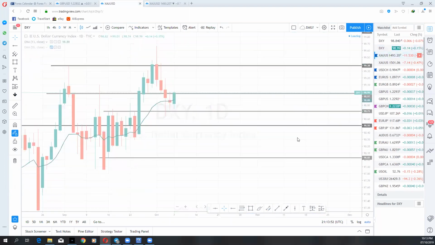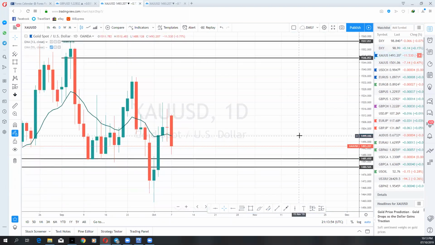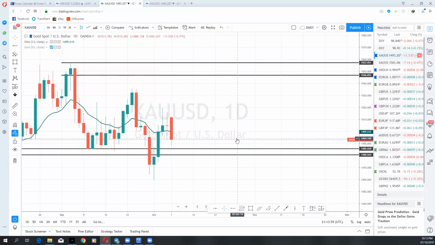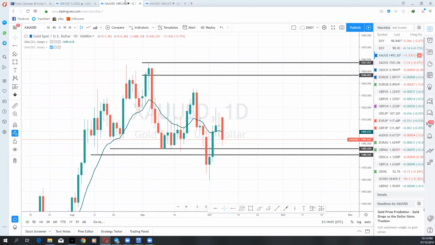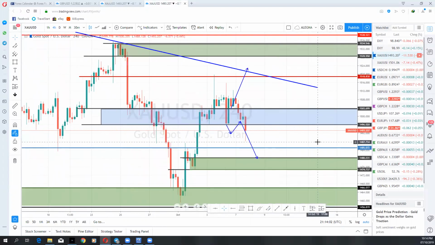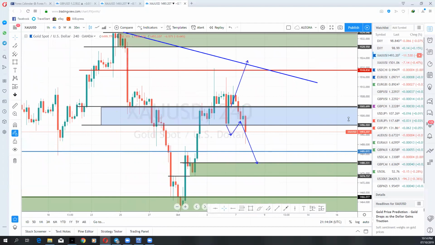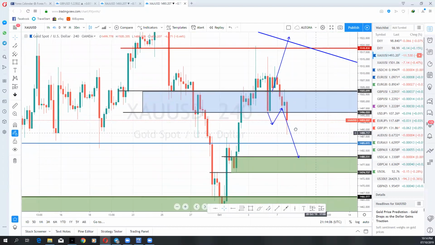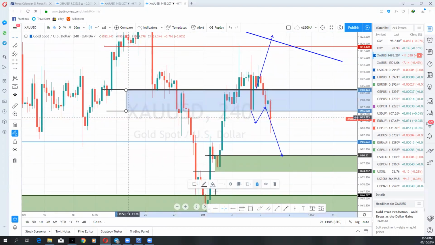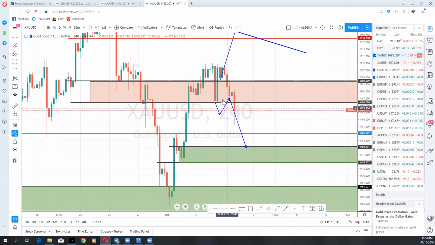Looking at gold, it closed a bit bearish on the daily. Let's see how that looks on our intraday. This zone has given way, so it will no longer act as support. It's possibly going to act as resistance now, so you'll be expecting a retest into this zone.